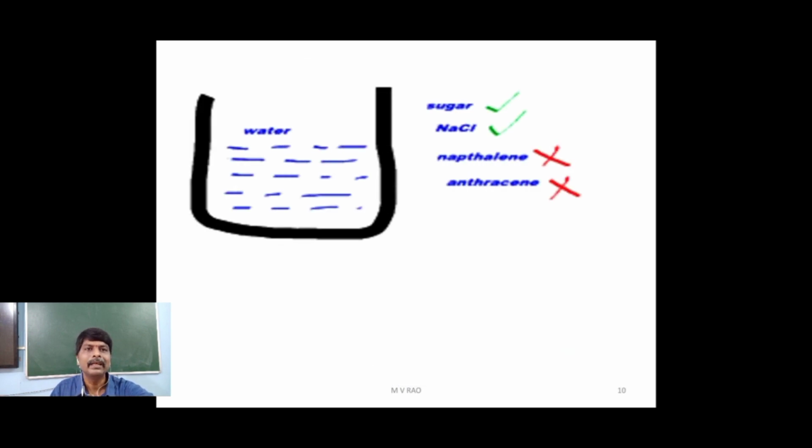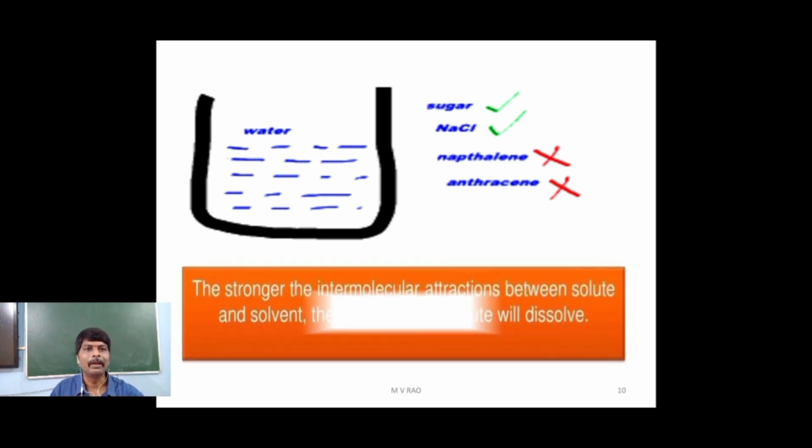Now you see, in water some substances are insoluble and some types of substances are soluble. Why? Because the stronger the intermolecular attractions between solute and solvent, the more likely the solute will dissolve. That means the type of attractions between solute and solute, and solvent and solvent, plays an important role in solubility.